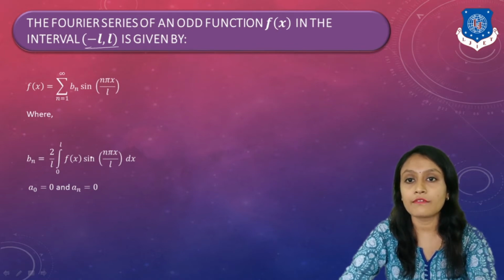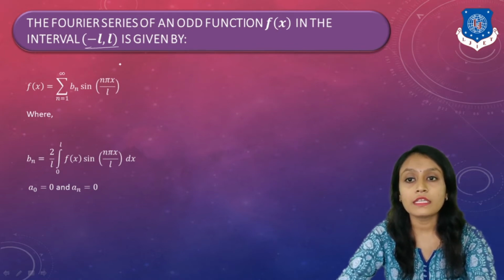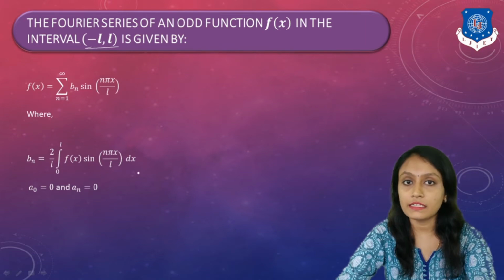So whenever we have an odd function and we have the interval that is minus L to L, we will use this formula, right? Here a0 and an is 0 and bn is 2 upon L integration 0 to L f(x) sin n pi x upon L dx.